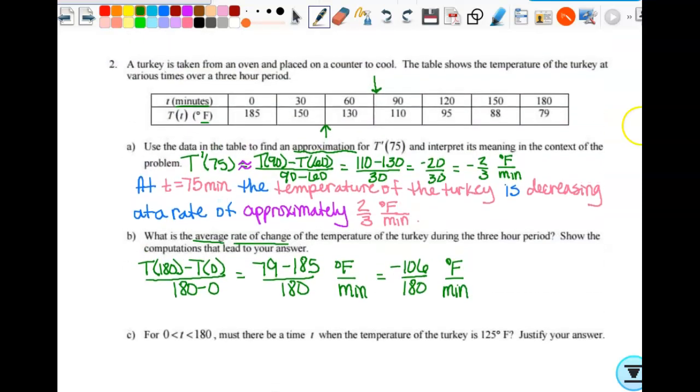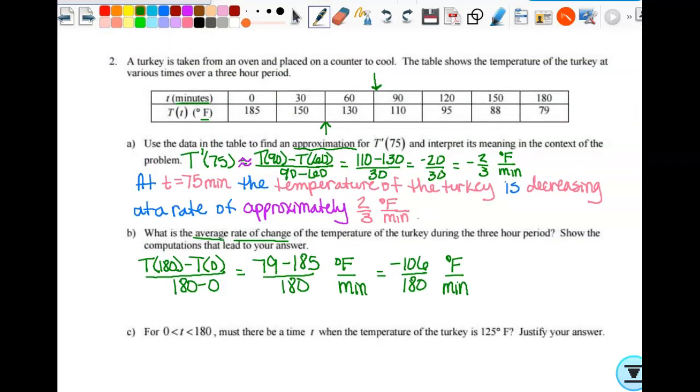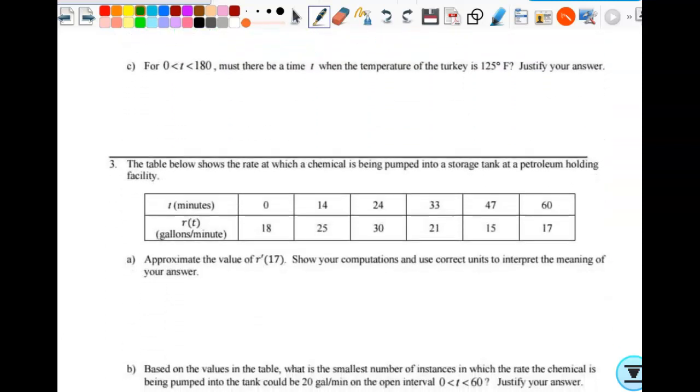Good Lord. 125. Yes, thank you. It's between 60 and 90. But the good news is I wasn't going to be that specific when I did it, so it was fine. Sometimes I do need to narrow it down between these two, but it's asking over the whole thing, so I can just leave it pretty general.